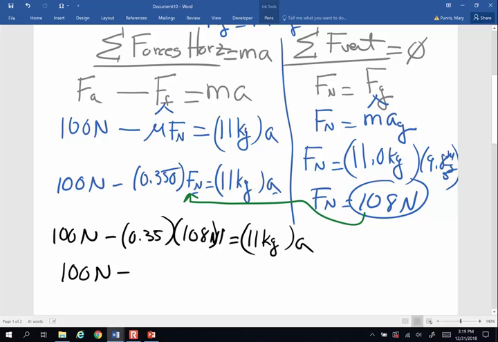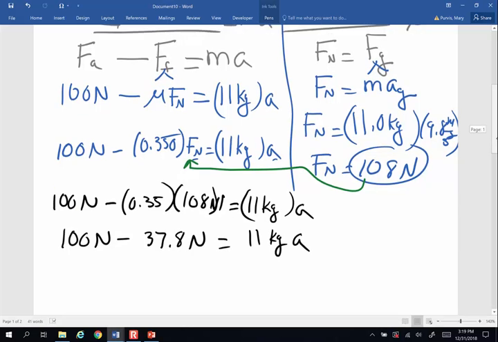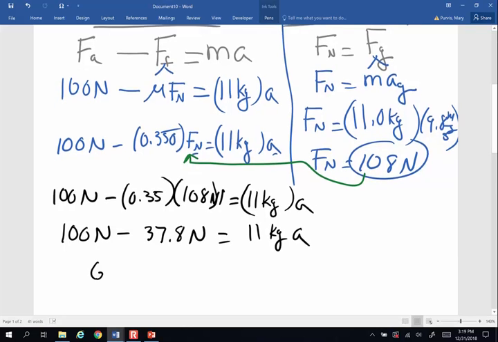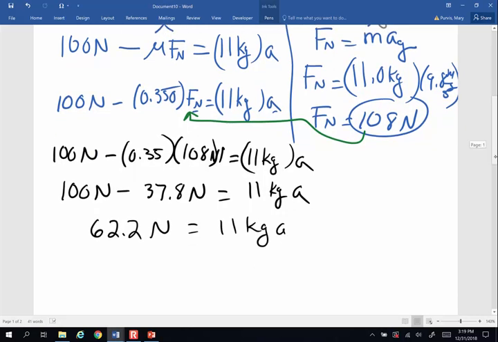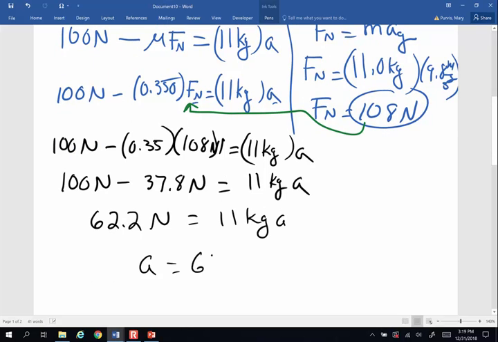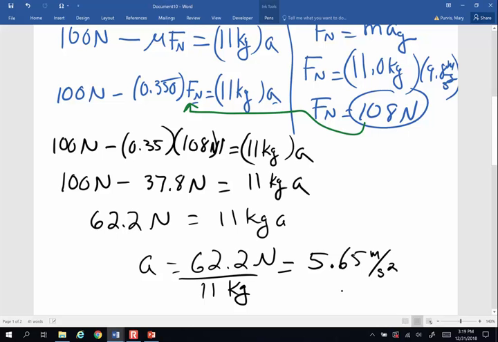Well, 0.35 times 108 is 37.8 newtons, equals 11 kilograms A, and when I do the subtraction, this is going to be 62.2 newtons equals 11 kilograms times acceleration, or in other words, acceleration is 62.2 newtons divided by 11 kilograms. And when I do the math, I end up with 5.65 meters per second squared.